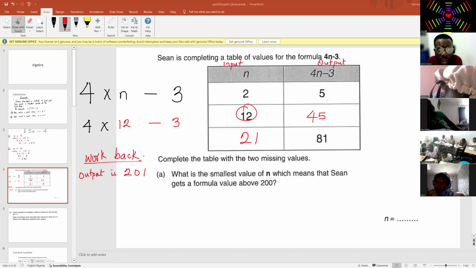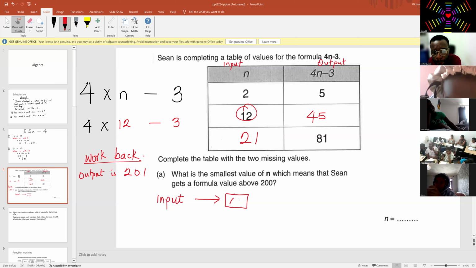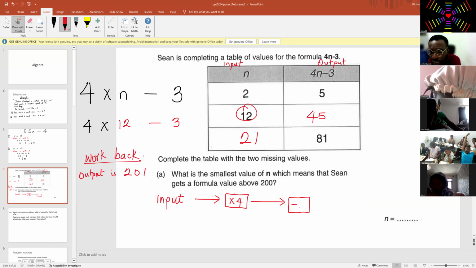Function machine, Sarah. Have you forgotten our function machine? It's the same thing. We have the input, we times by 4, then we take away 3, then it gives us the output.